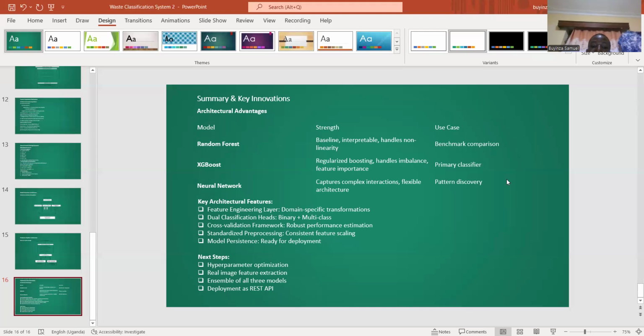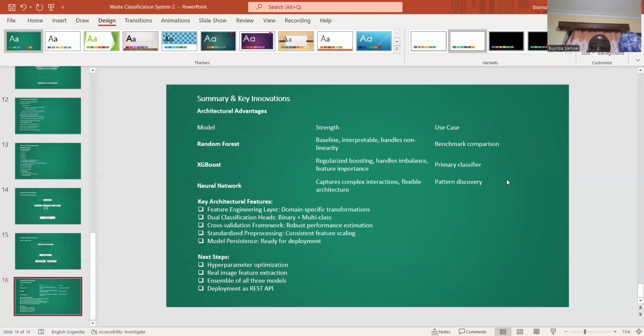Then we shall have our next steps, which are hyperparameter optimization, real image feature extraction, an ensemble of all three models, and deployment as a REST API.